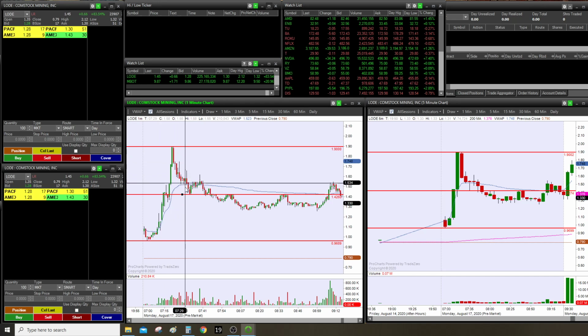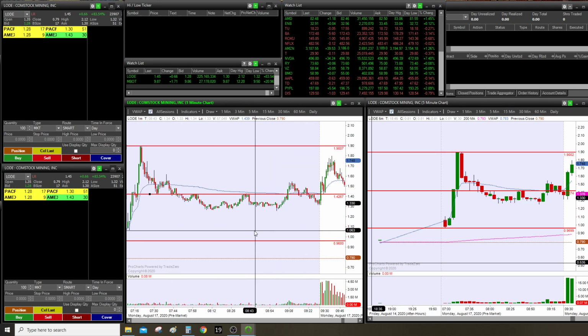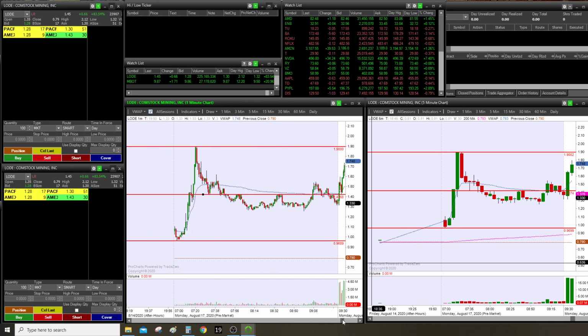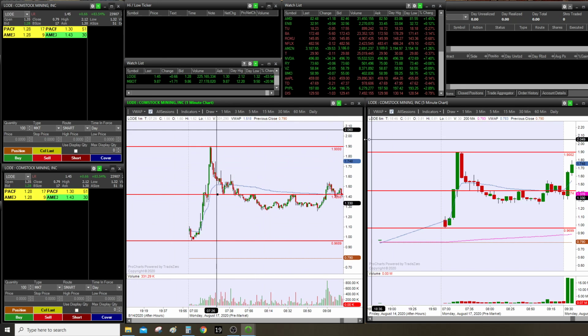It went high, bounced back, was a support, broke the support, became a resistance, was a support, and was a resistance. So you know that at 1.42 there's usually a big movement the moment it breaks 1.42. This is the first thing that I do: I put support and resistance from pre-market to give me an idea where the price can go.